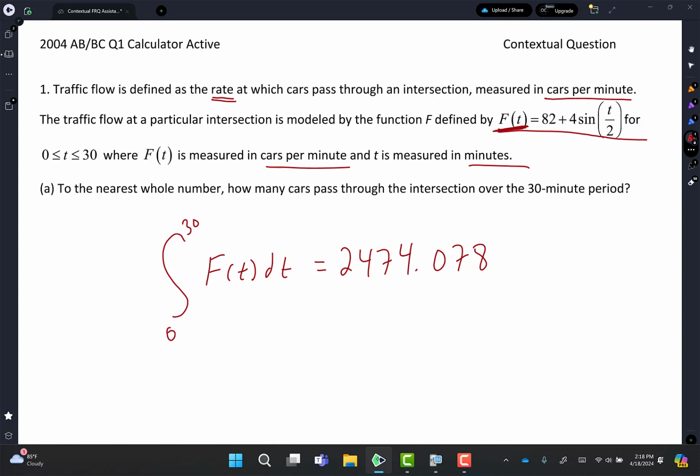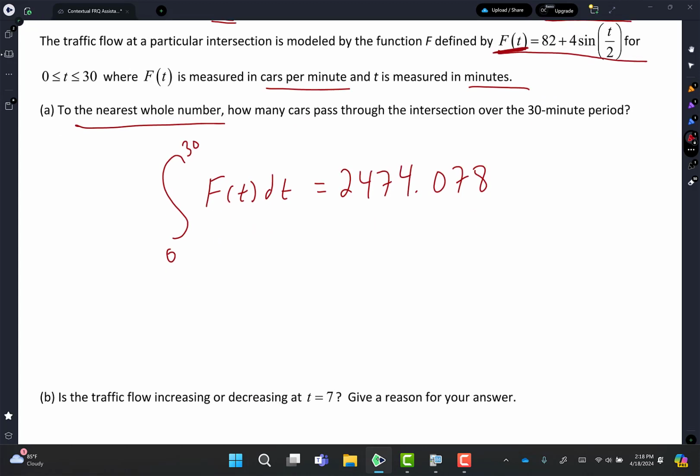And Guerrero said it perfectly. It says to the nearest what? Whole number. So you're going to say how many cars? Perfect. And there it is. It's okay if you want to write it equal to 2474. That's fine. That's what the problem said. I like to put the solution there, and then I like to do that. That's the first part that they said.